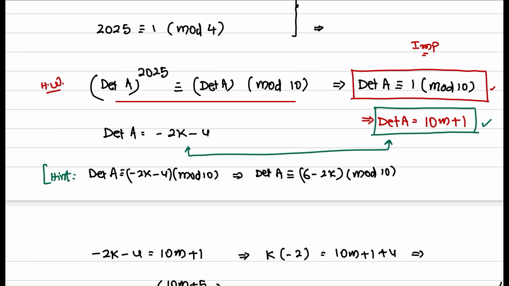It is only rearrangement of arithmetic, that's all, because minus 4 is equivalent to 6 mod 10. This much you may be knowing.